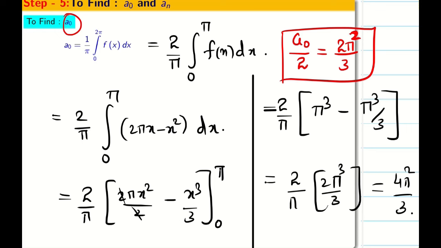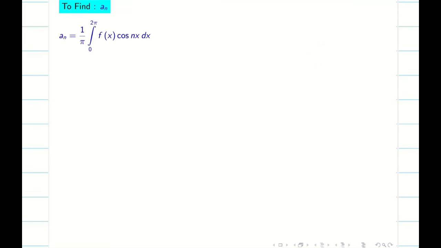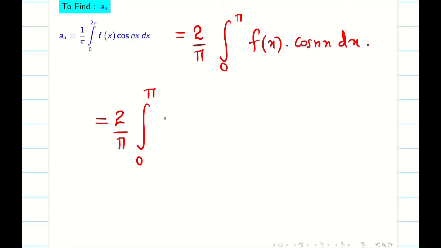Next we have to find an. Since an involves cos and f of x, we have to use Bernoulli's formula. Again using the property, I can write this as 2 by pi integral 0 to pi f of x cos nx dx. We know that our f of x is 2 pi x minus x square, so cos nx dx.